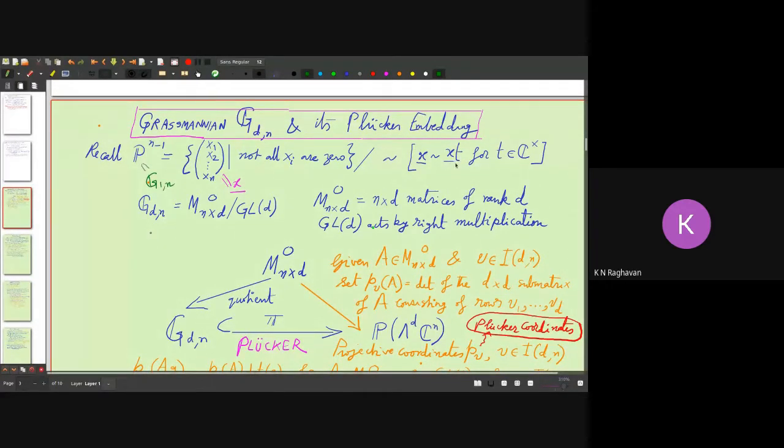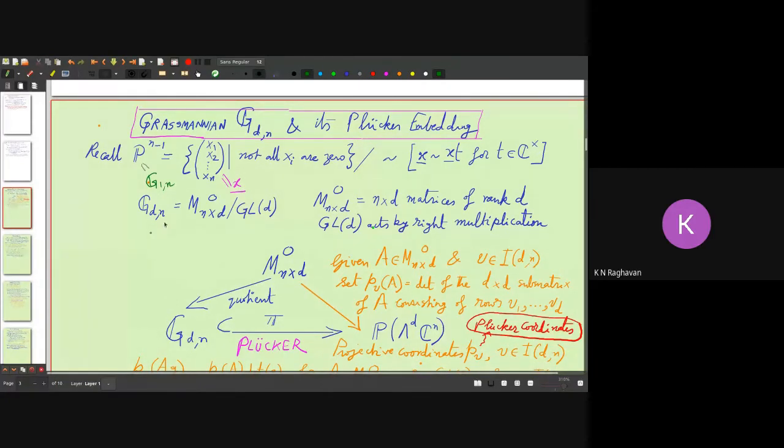And I write this T on the right rather than on the left, mainly because I think of T as a 1 cross 1 matrix, and since I've written an n cross 1 matrix here, sorry, I made a mistake. No, it's correct, n cross 1 matrix. This T is a 1 cross 1 matrix. I want to think of this T as a 1 cross 1 matrix, and that is relevant for what follows.